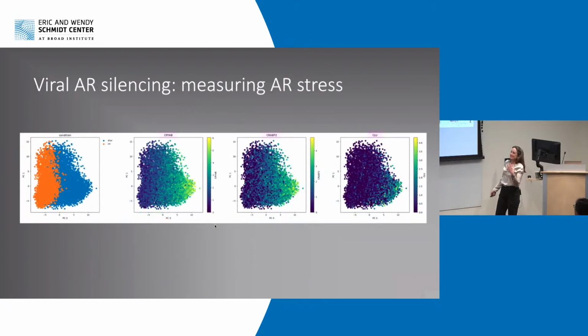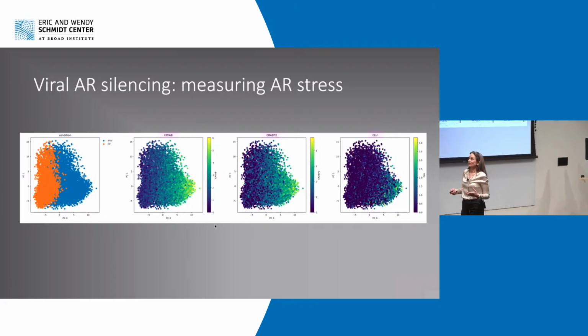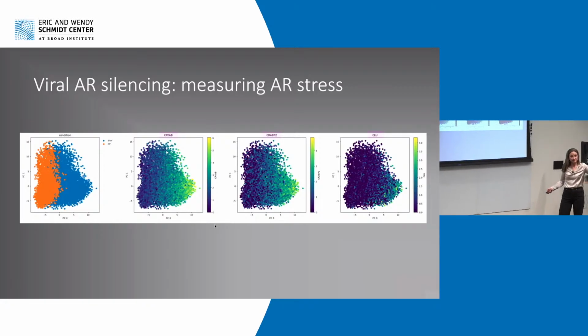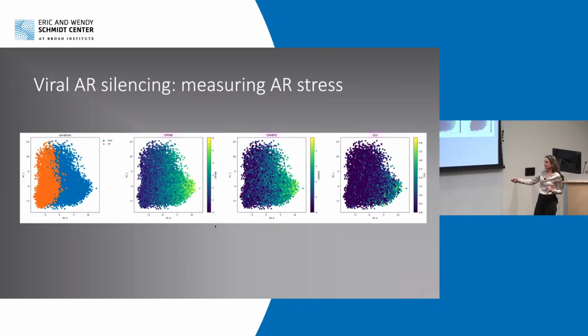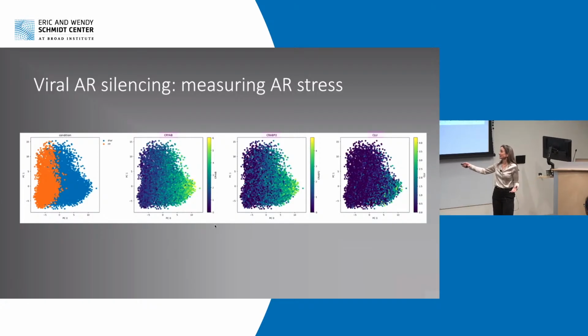What we'd like to see is how stressed the cells are when they're in this AR silenced mode. So here we're looking at the entire data set, both controls and the androgen receptor silenced ones. We're looking at the most highly variable genes and then projecting onto PC0, PC1.